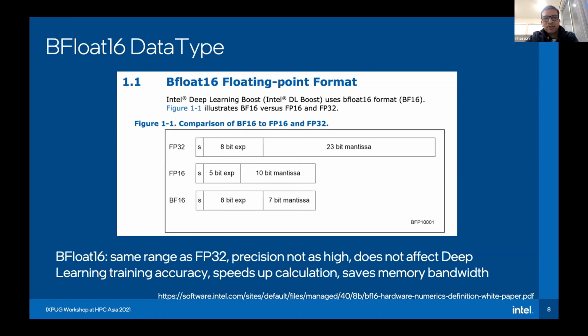BFloat16 is a lot simpler in that sense: converting a floating point 32 number into BFloat16 is as simple as dropping the lower 16 bits of the FP32 number. Also, theoretically speaking, it gives 2x improvement in terms of memory access savings as well as bandwidth savings. And we'll see in our performance analysis how much it really gives with the real workload.